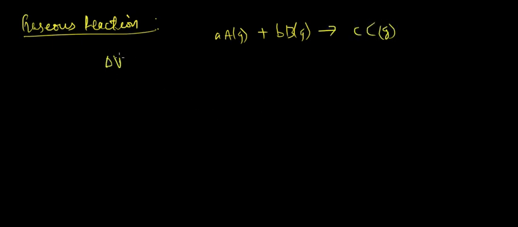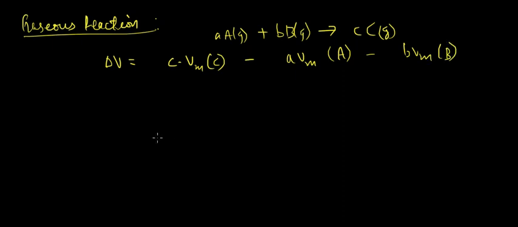Okay, so change in volume, or delta V, in this case would be equal to C times Vm of C, this is capital C, minus A times molar volume of A, minus B times molar volume of reactant B. Okay, so delta V can be written as (C minus A minus B) times Vm.